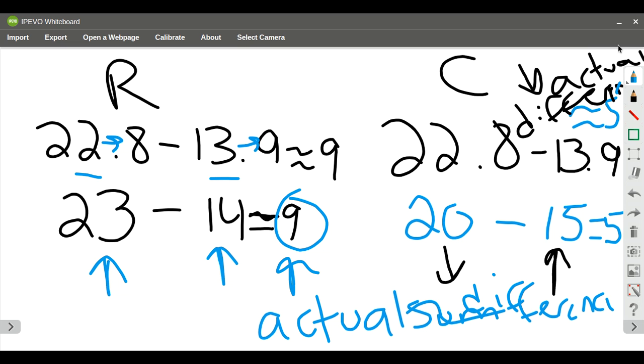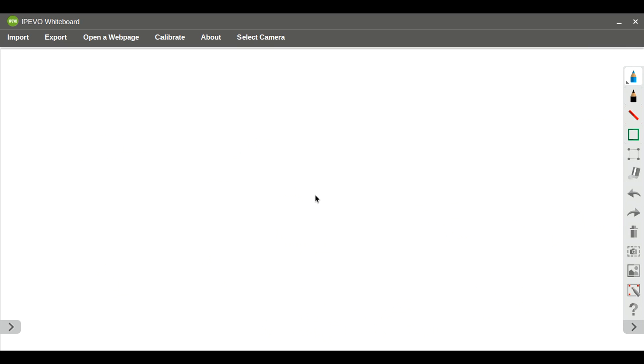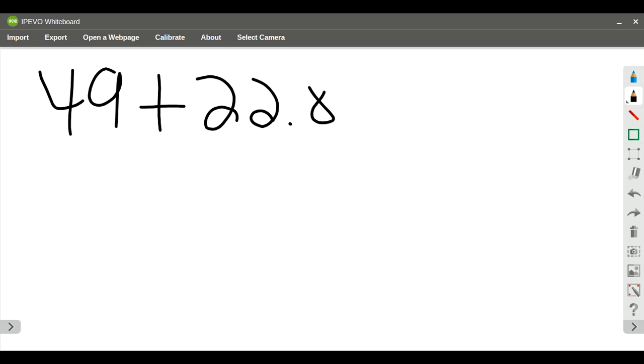Okay. All right. So let's take a look at a couple of examples. All right. So if I have, I'm going to jump over to number 3. So I'm going to do 49 added to 22 and 88 hundredths. So here, I'm actually going to use compatible numbers because this one is already rounded, but I want to make it easier to add.